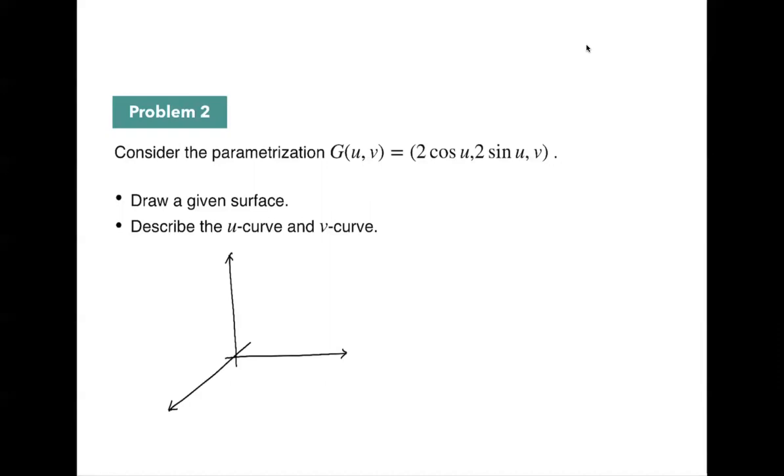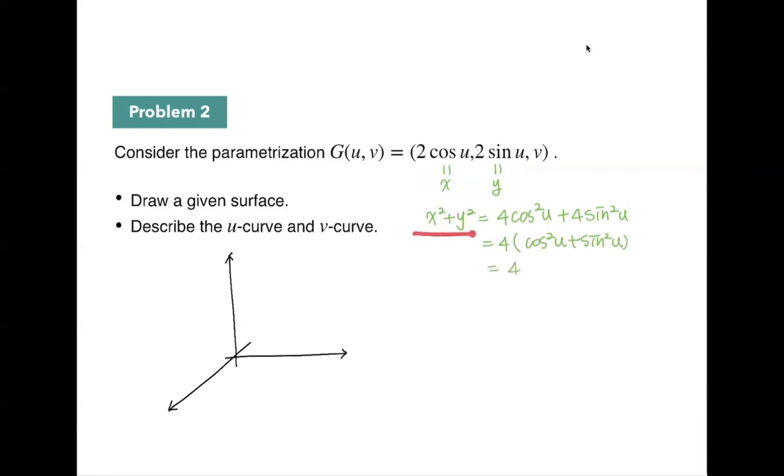This is a circle that lies on the xy plane, and the radius will be 2. If you are not familiar with this, let's say this is x and this is y, then x squared plus y squared is 4 times cosine squared u plus 4 times sine squared u. That is 4 times cosine squared u plus sine squared u, and cosine squared plus sine squared is just 1, so it'll be 4.